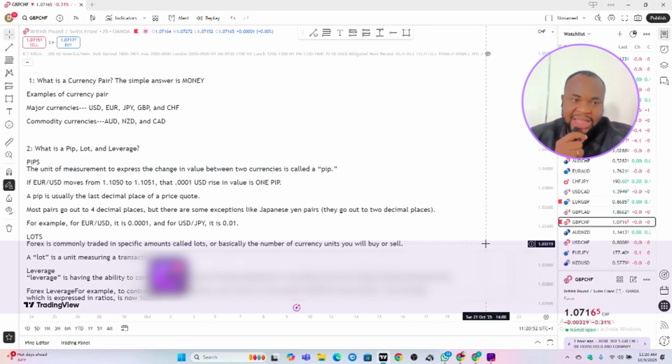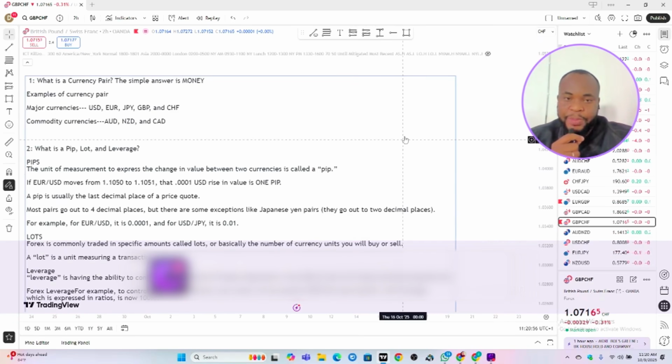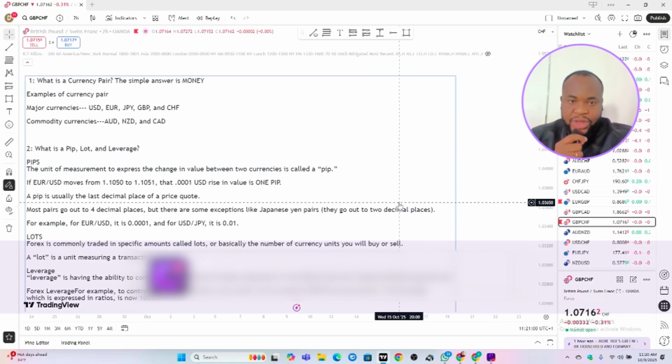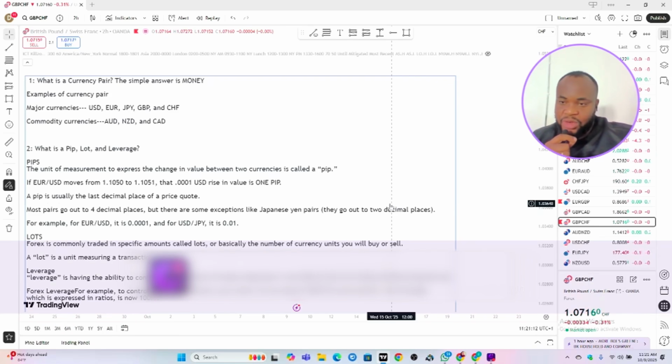That movement, if you move from point A to point B, from 1 to 2 to 3 when you buy it, that's what we call pips. And there are ways to calculate your pips in the Forex market. So I'll be showing you.